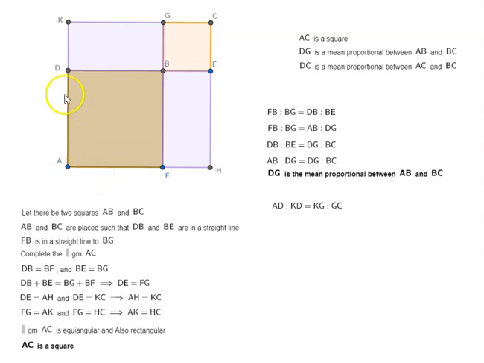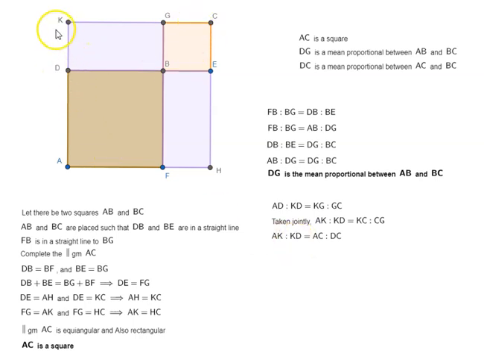AD is to KD as KG is to GC. Taken jointly, we can say AK is to KD is equal to KC is to CG. AK is to KD is equal to AC is to DC.